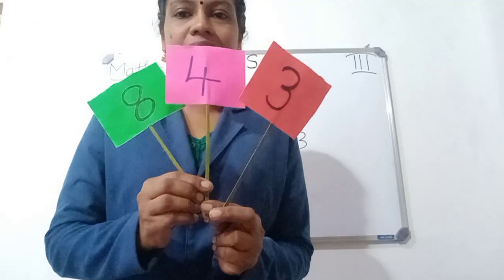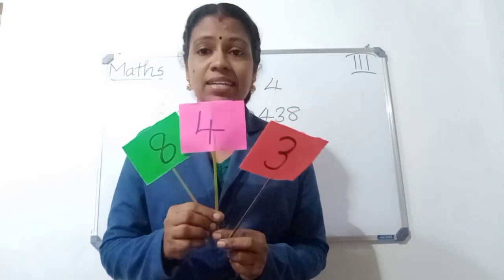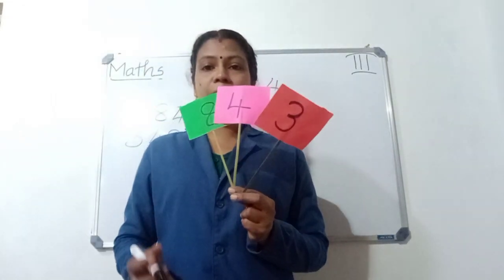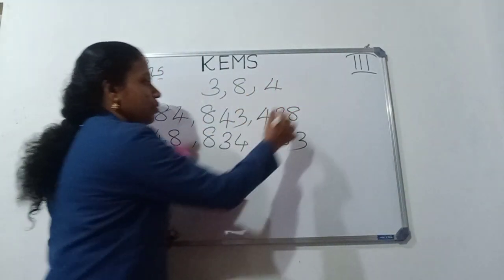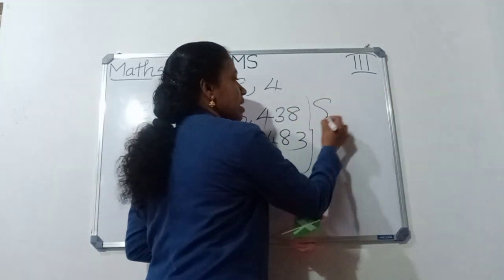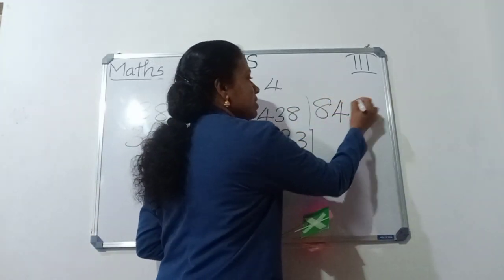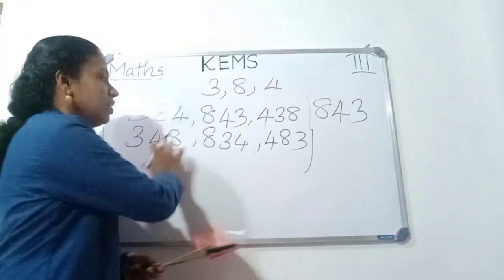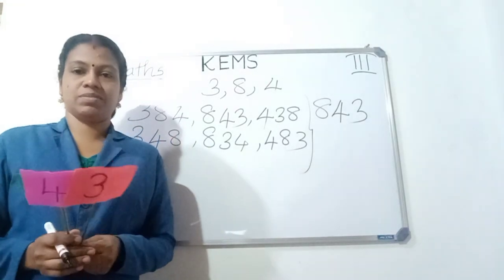So what's the number? 843. 843 is the biggest number among this group. 8 is the biggest digit, then 4 next. So 843 is the biggest number among the 6 numbers.